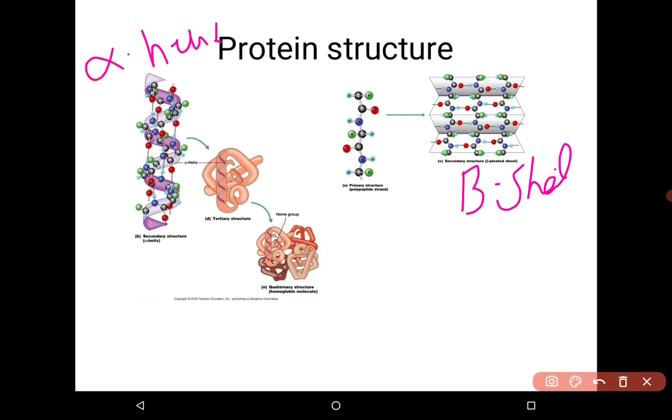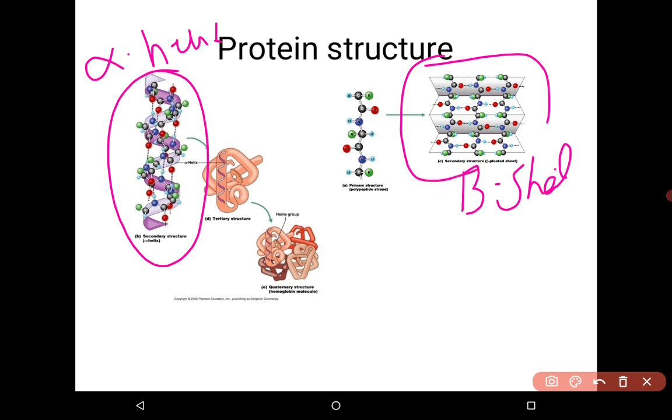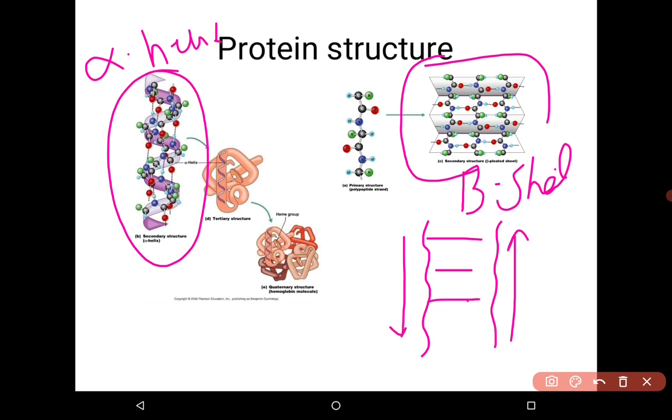This is how the alpha helix actually looks. Then you have the beta pleated sheets consisting of parallel and antiparallel chains. So you have maybe a chain that is like this, and another chain that is like this, parallel and antiparallel, and then these can form bonds like that.